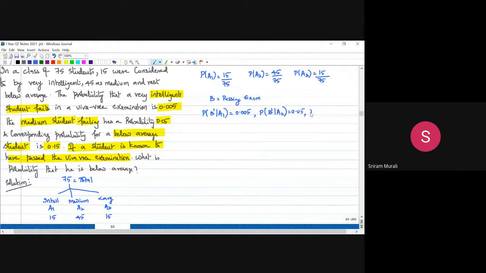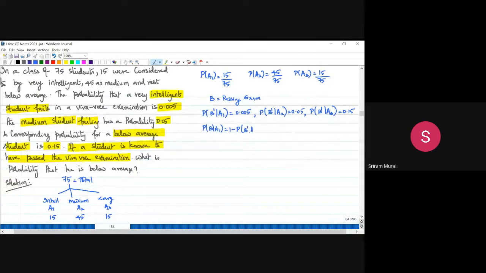The third case, A3, below average, failing the examination is given as 0.15. But B is passing the examination. You have to find P of B given A1, which is equal to 1 minus P of B bar given A1.